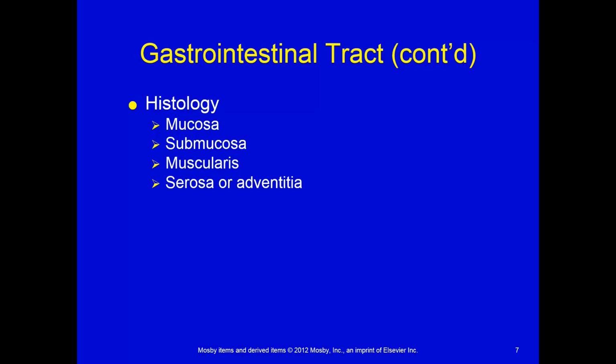And also very interestingly, between each one of these layers there is a network of nerves that run to and innervate each one of these layers of the GI tract. These networks of nerves are basically controlled by the autonomic nervous system. We know that the GI tract is an involuntary sort of organ.